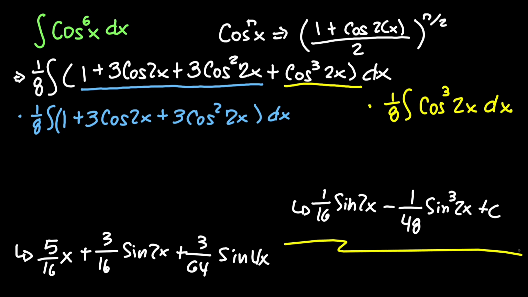So this is the particular answer for this integral right here. So in order to know the full answer for this integral of cosine to the power of 6, we will just add these two together.